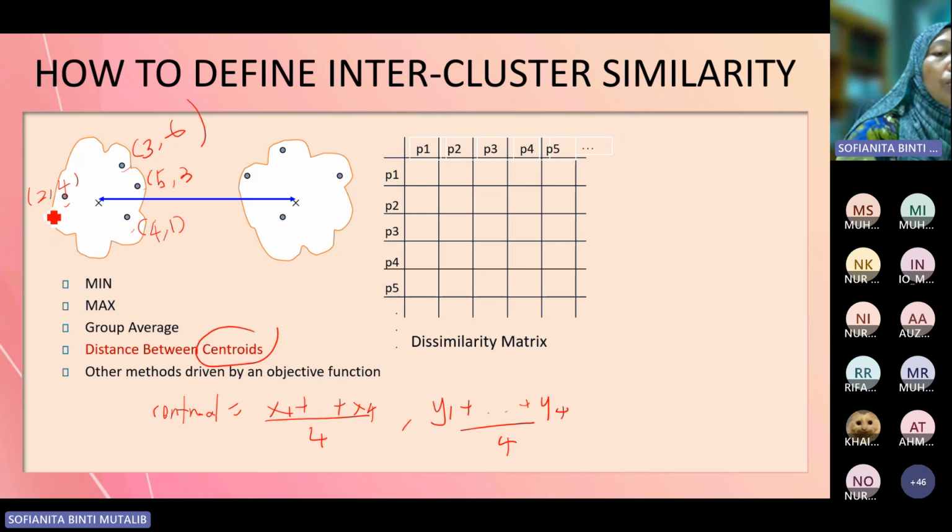So you get 2 plus 4 plus 5 plus 3, for example, and for y, 4 plus 1 plus 3 plus 6. So you will get the centroid value. Then you compare the centroid of cluster 1 and the centroid of cluster 2. That is how we define the distance to put inside the dissimilarity matrix.